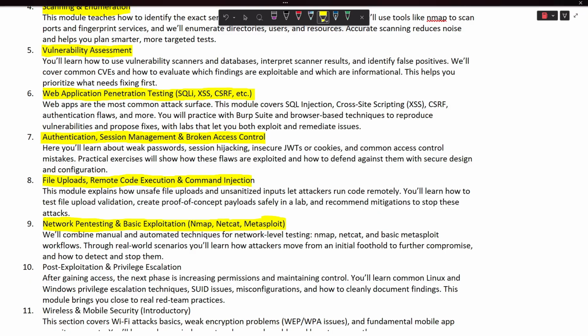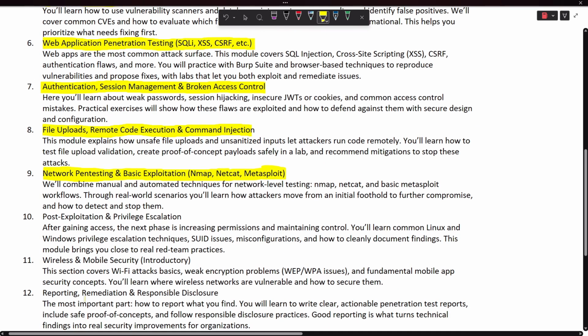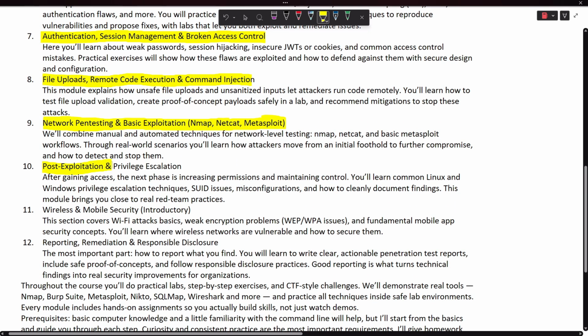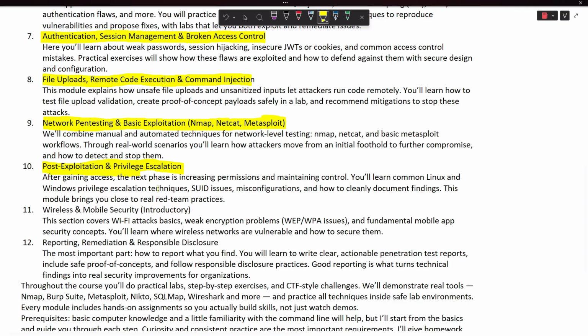Then we have post-exploitation and privilege escalation. I will be teaching you about post-exploitation, Windows privilege escalation, and Linux privilege escalation, of how we can exploit any machine after getting the shell. Okay, after getting the initial shell, what next? This is also an important part: how to root the entire machine, how to become an administrative person on that machine.